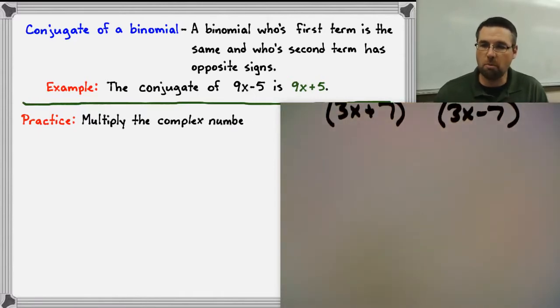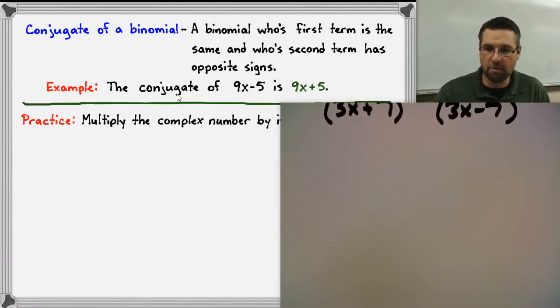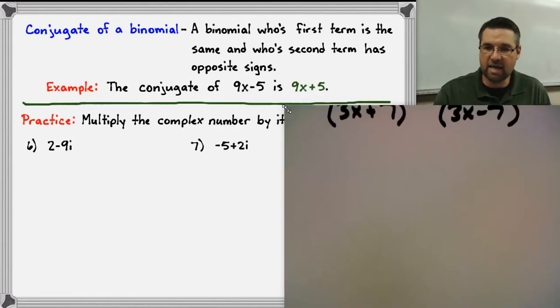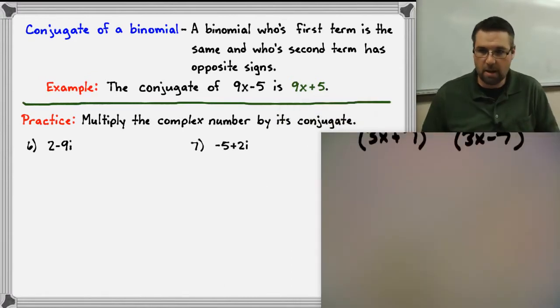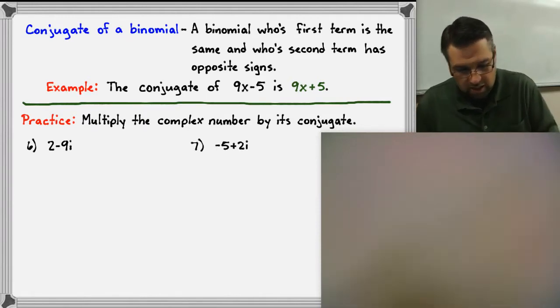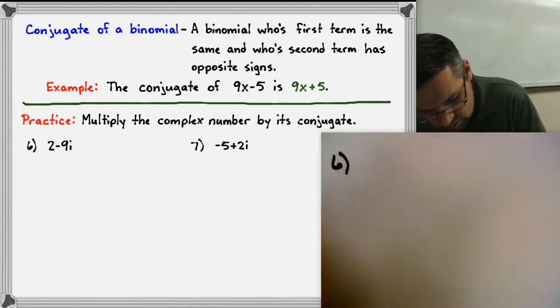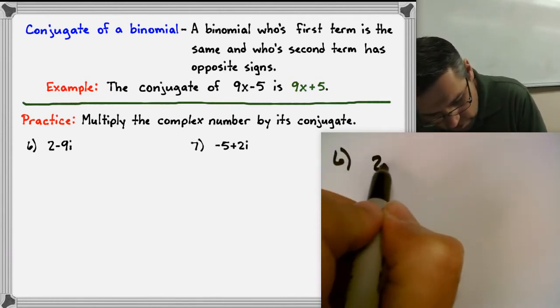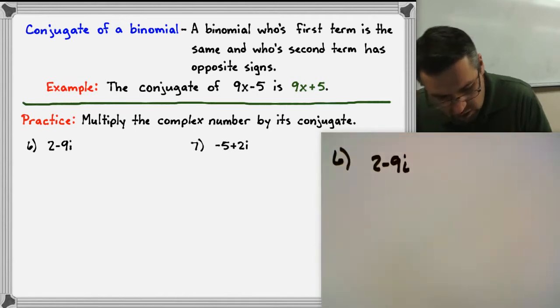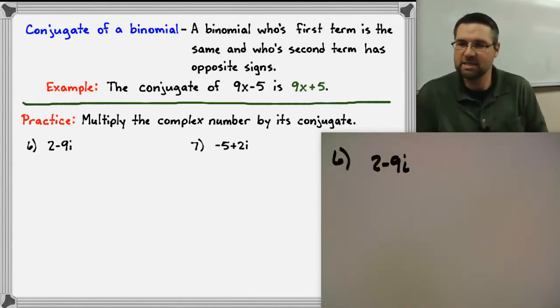I want you to multiply the complex number by its conjugate. Just looking at the first one here, number 6, I know it seems like we skipped a few problems here, but number 6, we have 2 minus 9i. So I'll get you started. What is the conjugate?